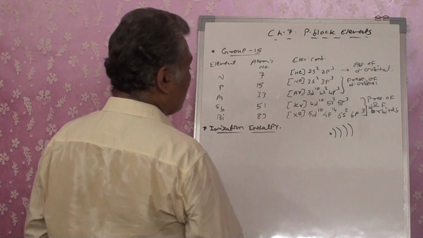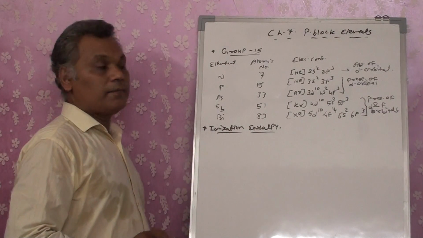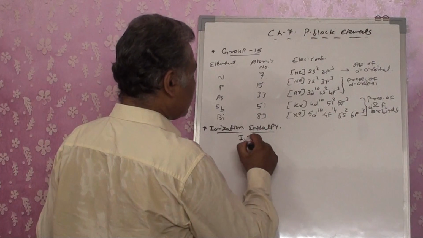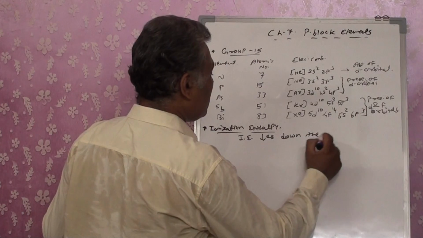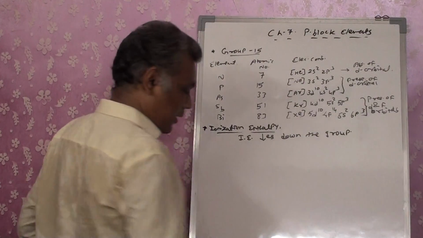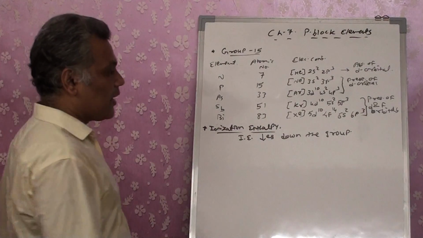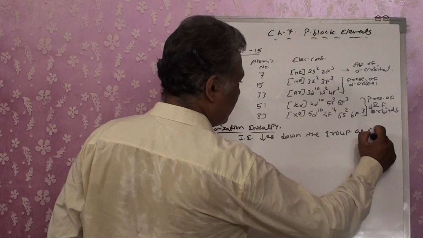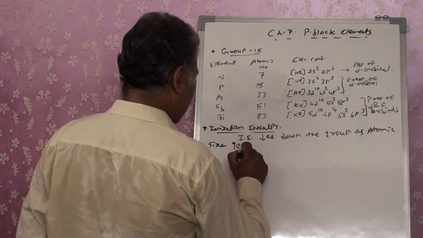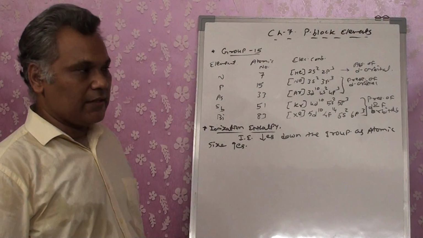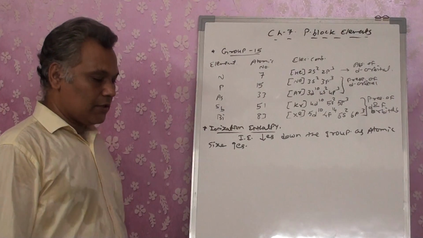So from this you can say very easily: ionization energy decreases down the group as atomic size increases.